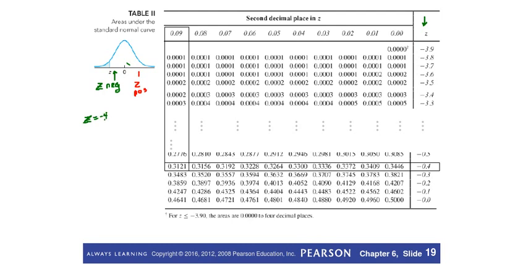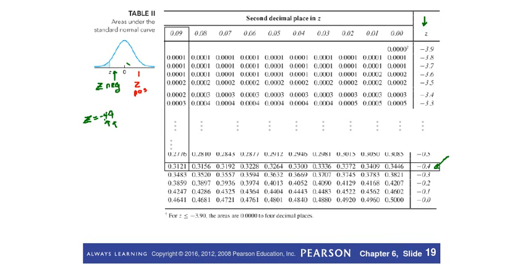Well, we have two digits going on here. The first is the tenths. This z-score column gives us the tenths, so we follow this along until we get to negative 0.4. And then we go for the hundredths digit along the top row, 0.09.